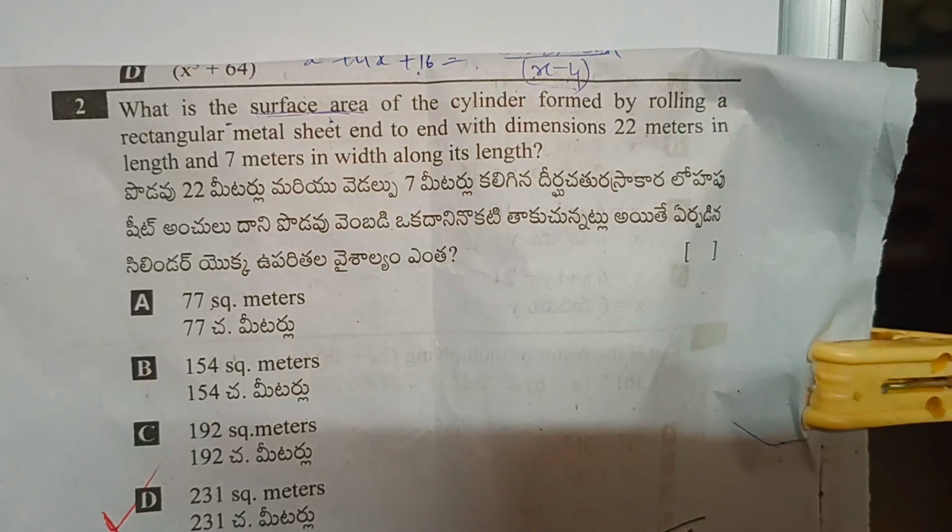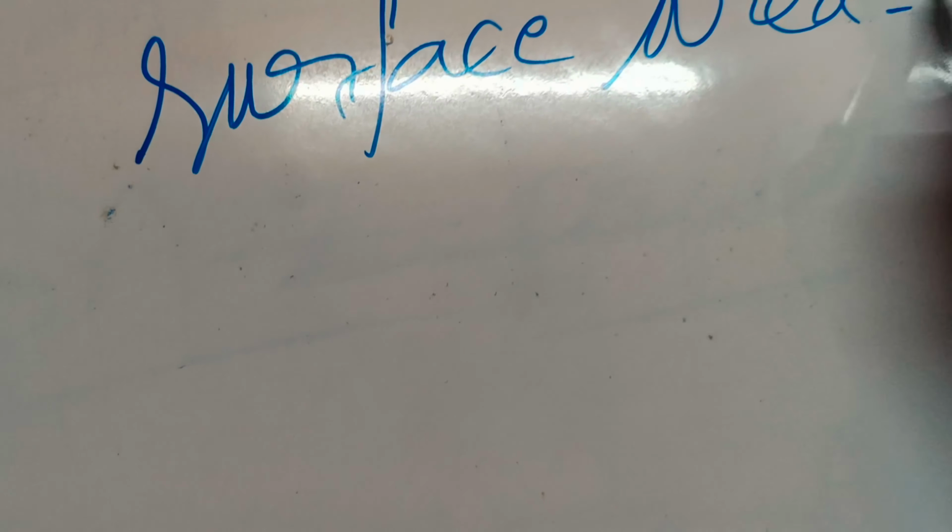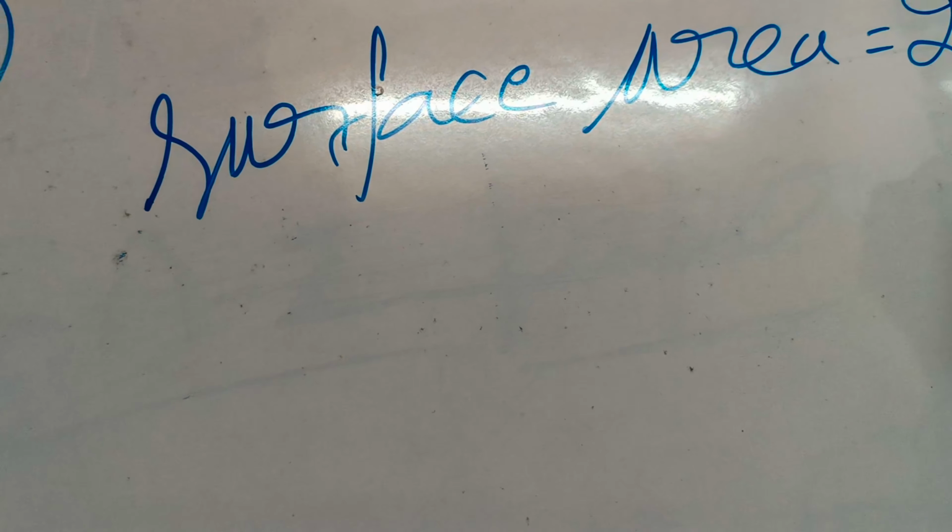So we solve this. Surface area formula: surface area is equal to 2 pi r into h plus r.